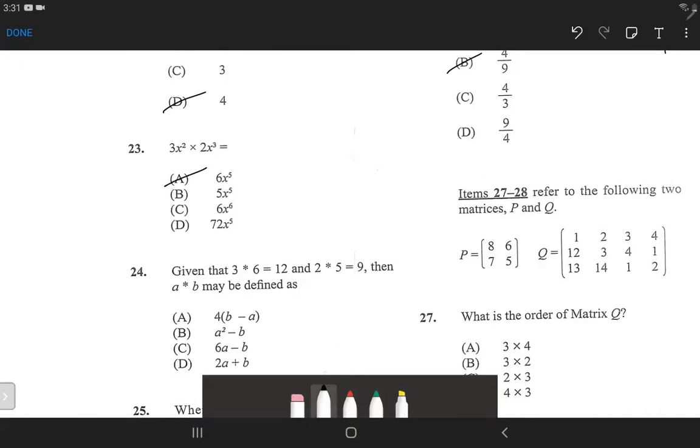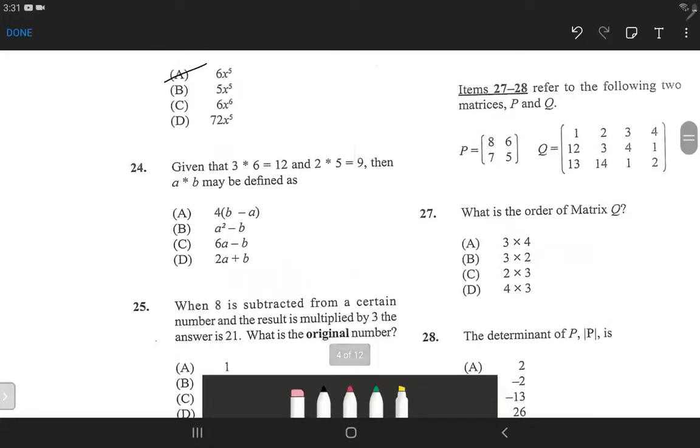That's 8. Given that 3 star 6 is 12, 2 star 5 is 9, and A star B might be written as, well, this is an interesting one. If we use A minus B, that means if we take B and subtract it from A, so that is 6 minus 3, that is 3, multiplied by 4, we are getting 12.